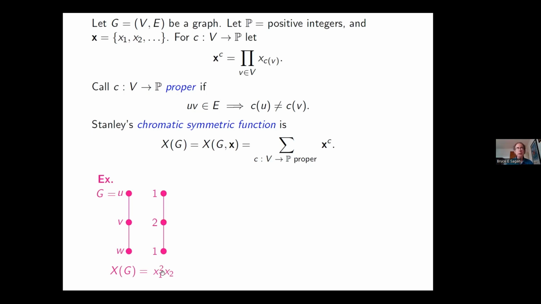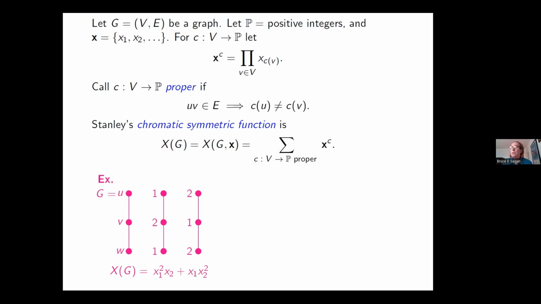That would give me x1 squared, an x1 from here and an x1 from here, and then also an x2 from the midpoint. But we could do it the other way around, right? We could put the 1 in the center and the 2 at the endpoints. That'll give me an x1 x2 squared. And notice we're already seeing symmetry. If I exchange x1 and x2, this part of the function remains invariant.